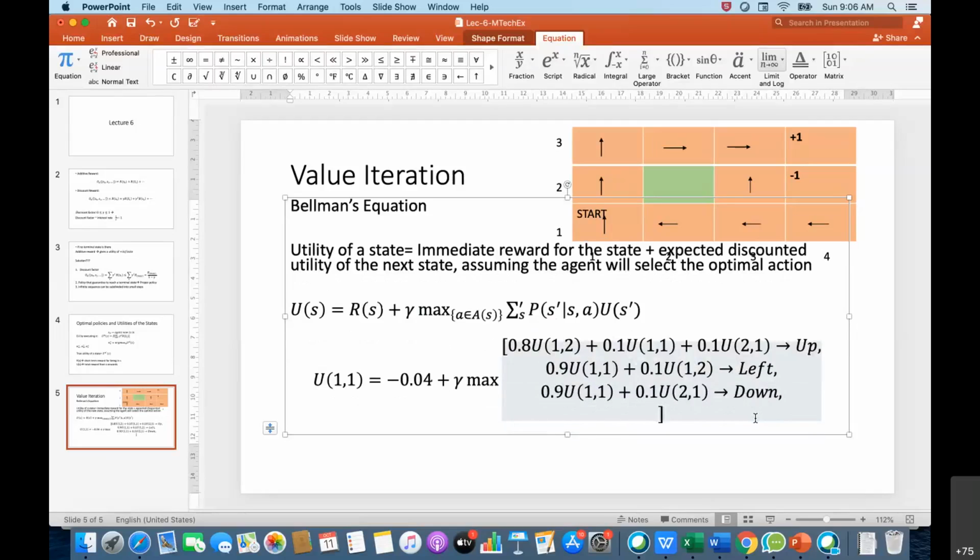There comes another action, that is right. For right, what is going to be the case?